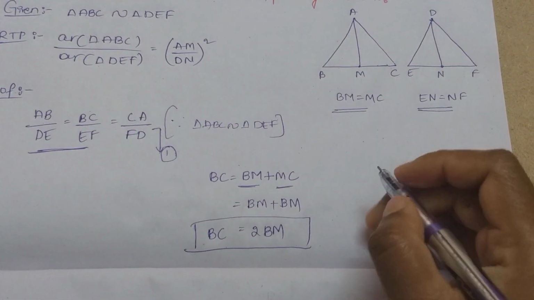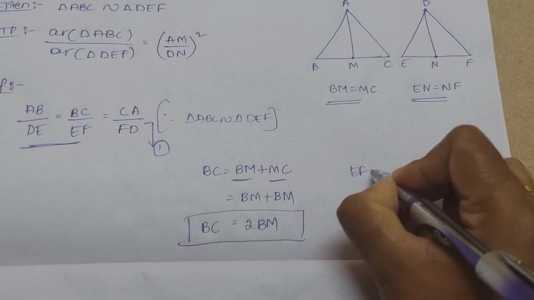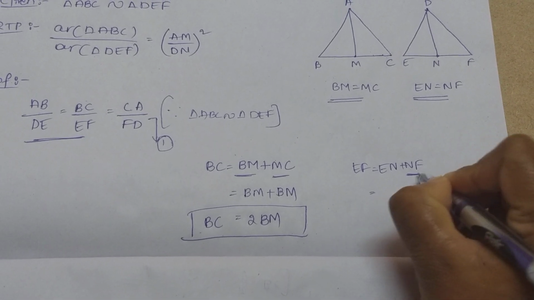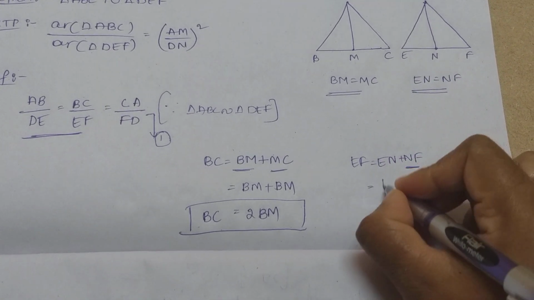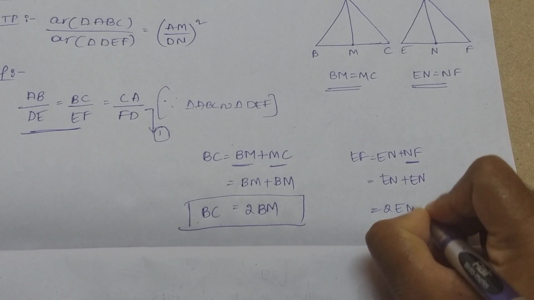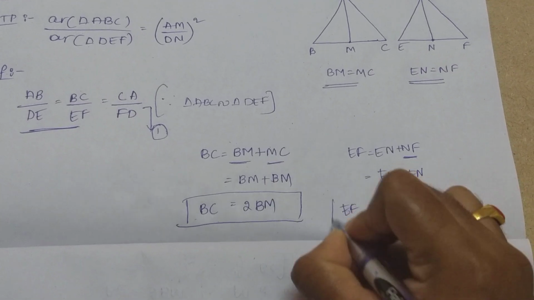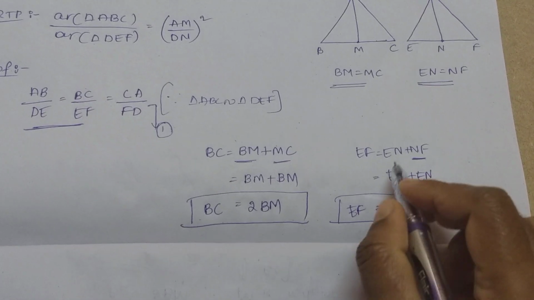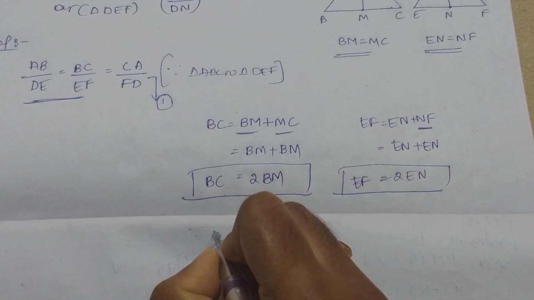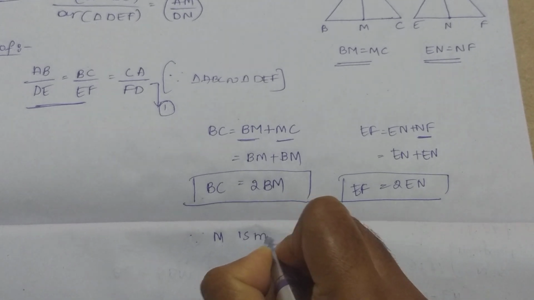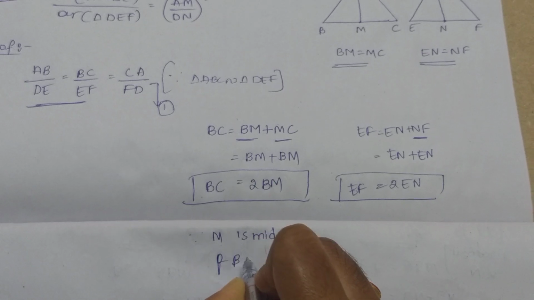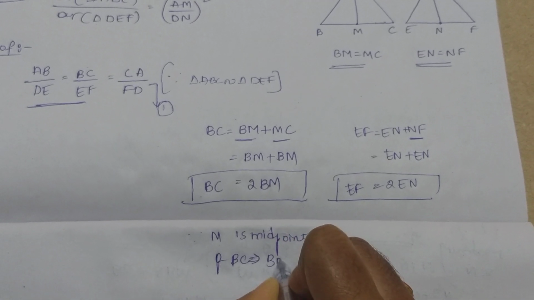Same in the case of triangle DEF also. I am writing EF equals EN plus NF. In the place of NF, I am taking EN, I can take that, right? EN plus EN equals 2EN. So EF equals 2EN. Why did we take EN in the place of NF? Because since M is the midpoint of BC, that implies BM equals MC.